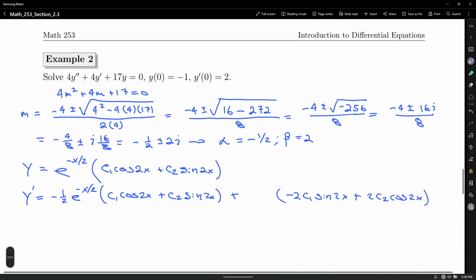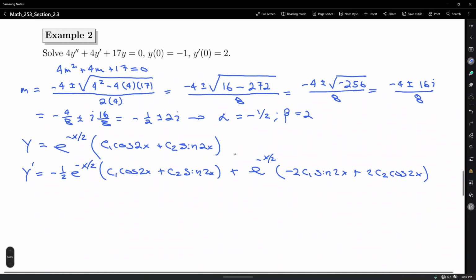Guys, be careful here. You might be thinking, should we keep everything c1, c2? No, in this case, we don't absorb the constants. We need these coefficients for a big reason, you'll see why in a second. So this is the general solution, and that's the derivative of the general solution.